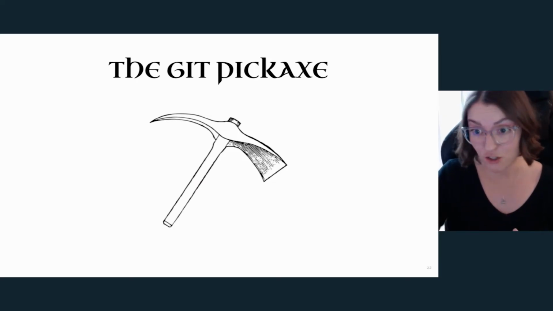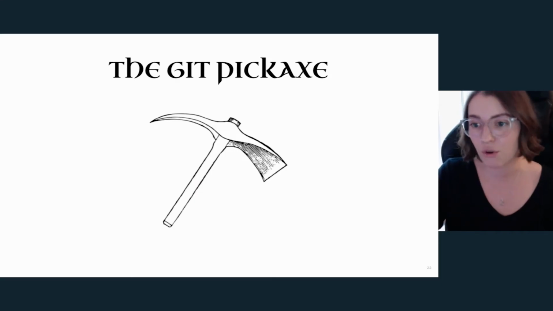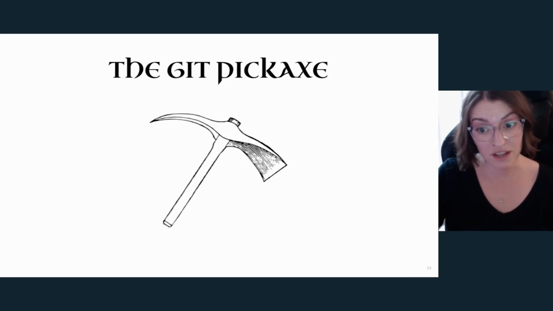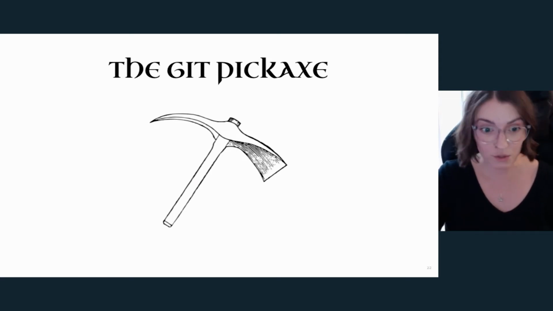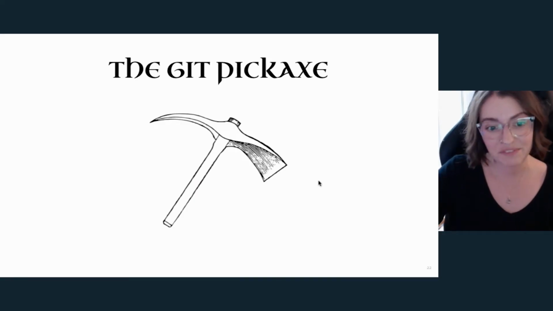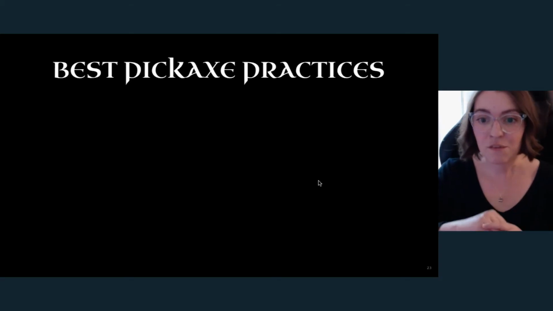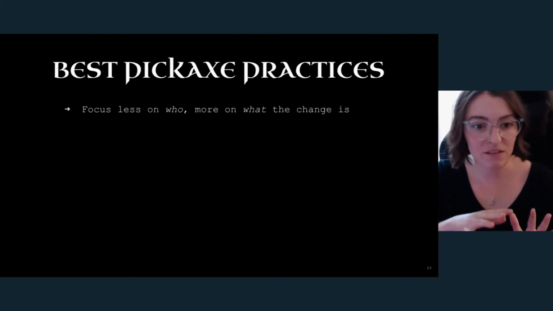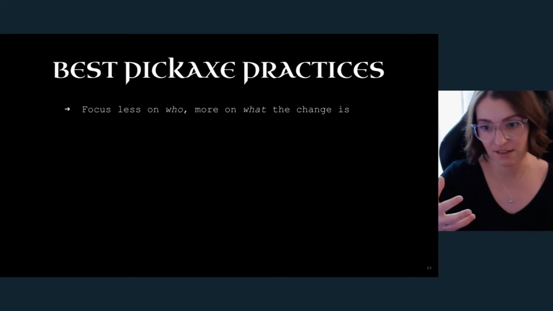Just like the archaeological tool, the Git pickaxe uncovers the why beneath the code. Granted that your developers are also caring to write well-informed commit messages, as we mentioned previously. So, with this tool in hand, what does the pickaxe uncover exactly? It focuses less on who made the change and more on what the change is and does.